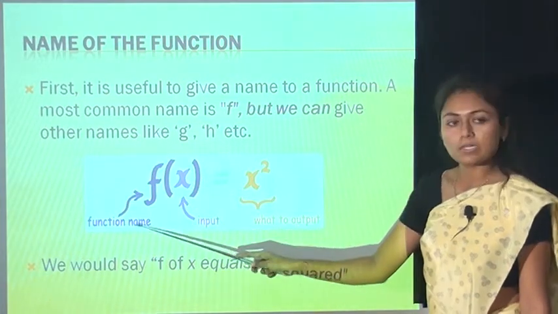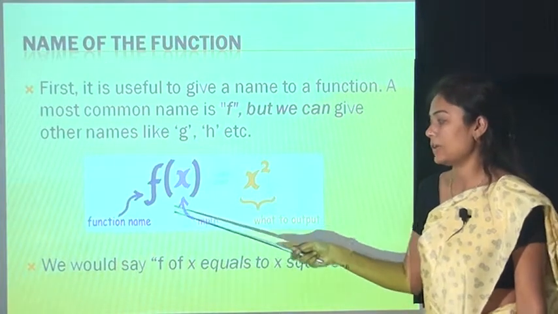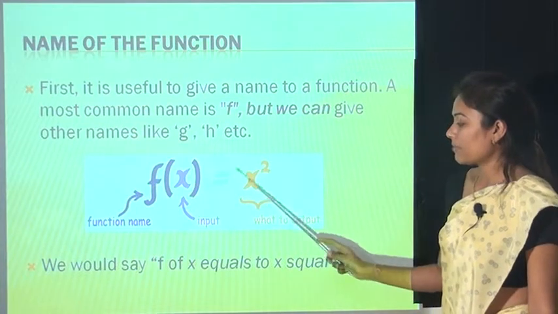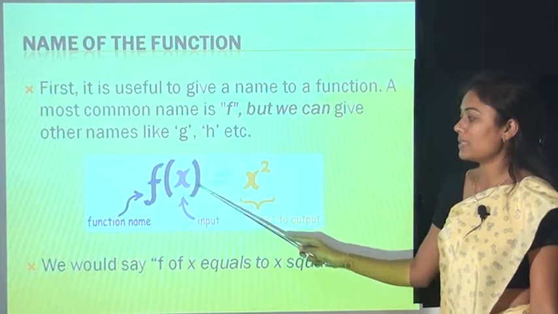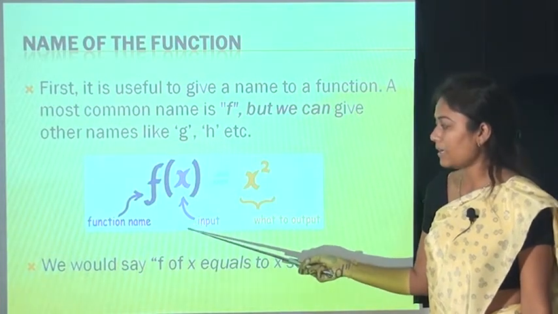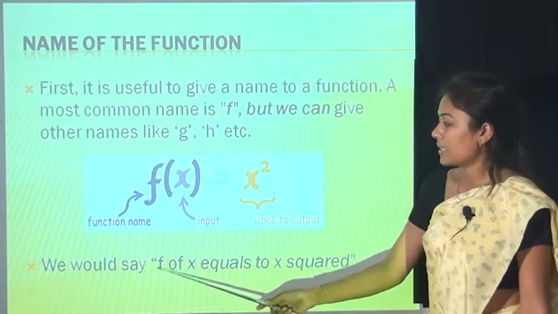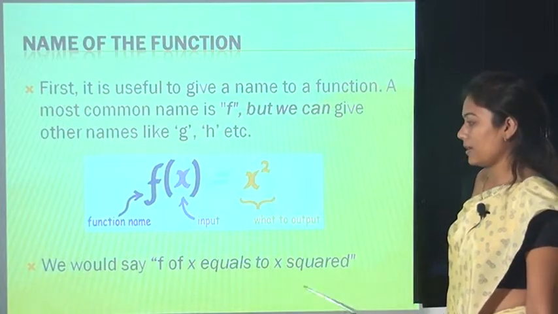Here f is the function name, x is what we input in the function, and x square is what we get as output. We would say this function as f of x equals x square.